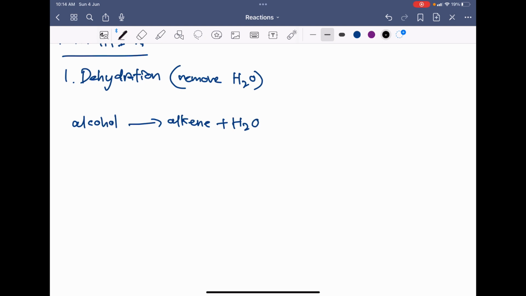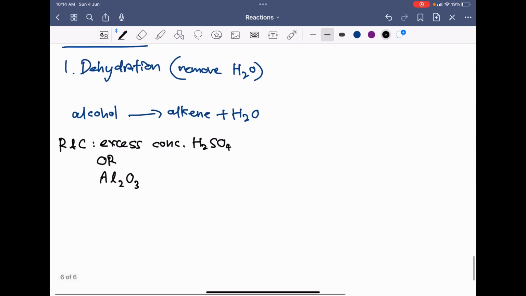So, what are the reagent and conditions? Excess concentrated H2SO4 or aluminium trioxide with heat, or H3PO4 with heat.